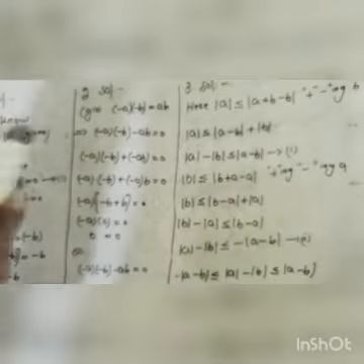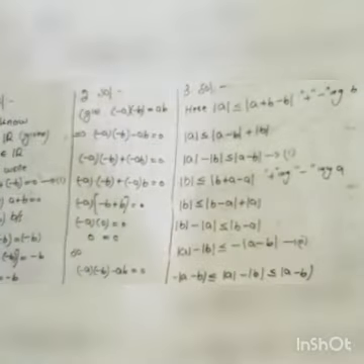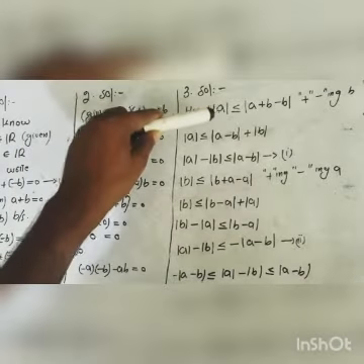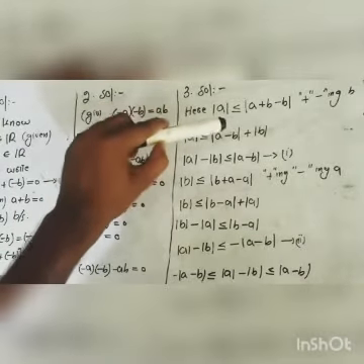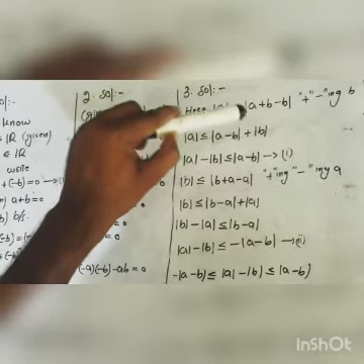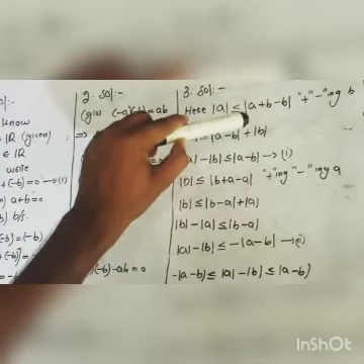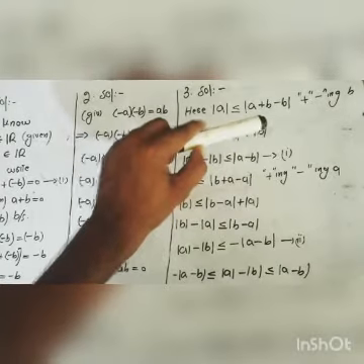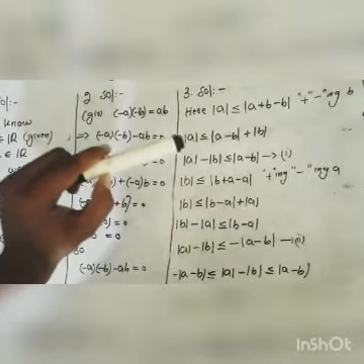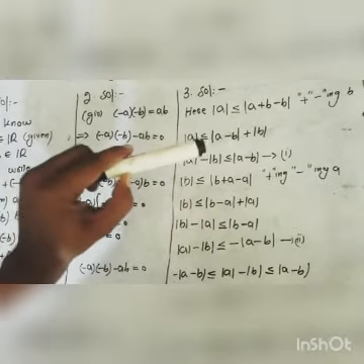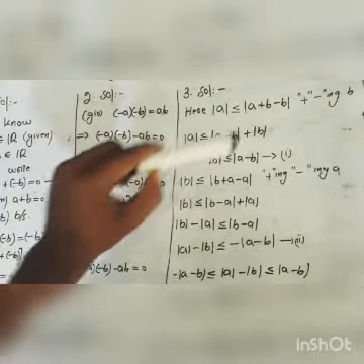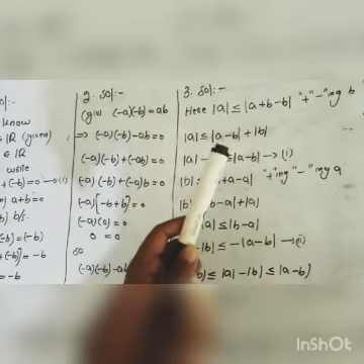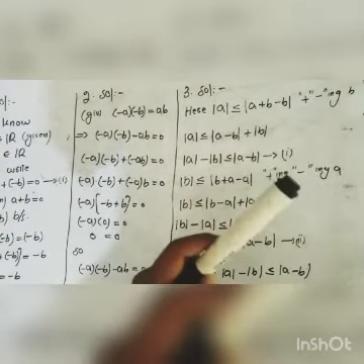First of all, we take the absolute value of A, which is less than or equal to |A + B - B|. Here we are adding and subtracting B. So |A| is less than or equal to |A - B| + |B|.